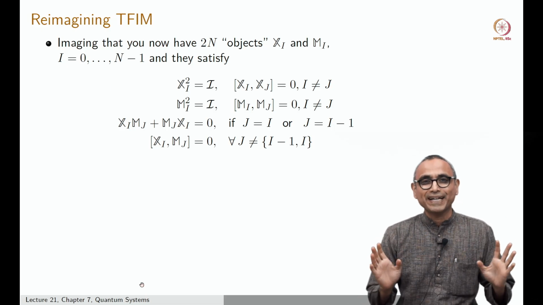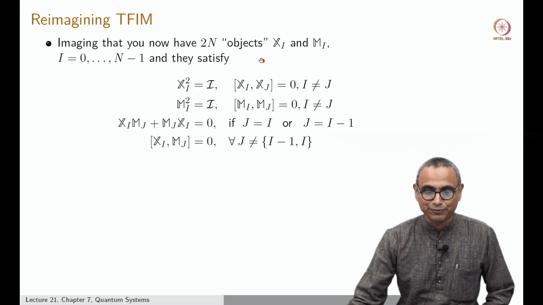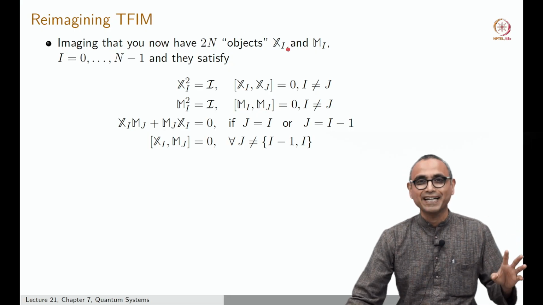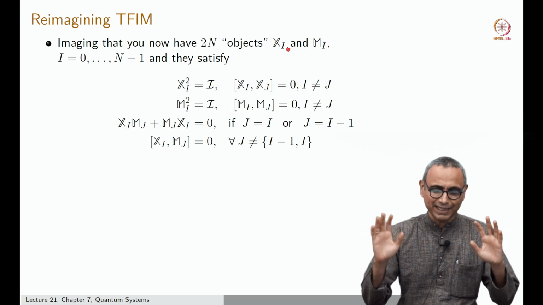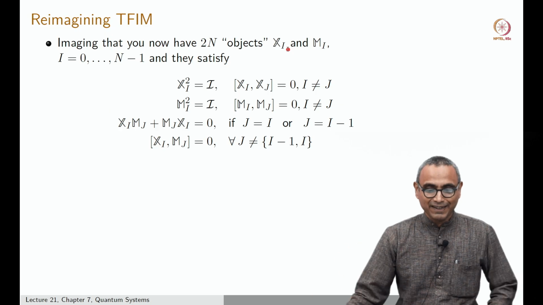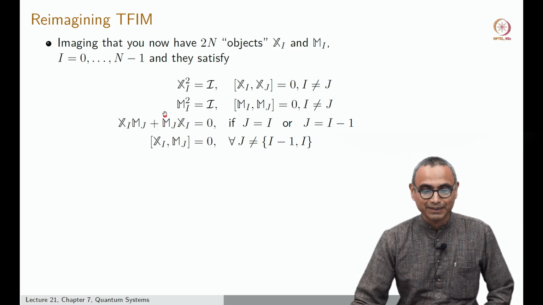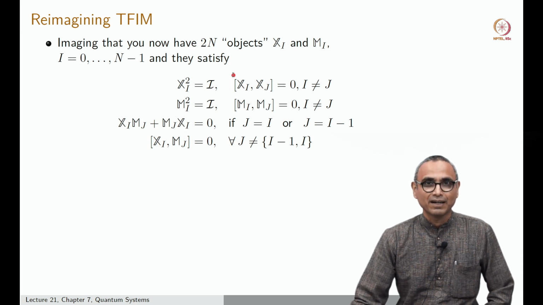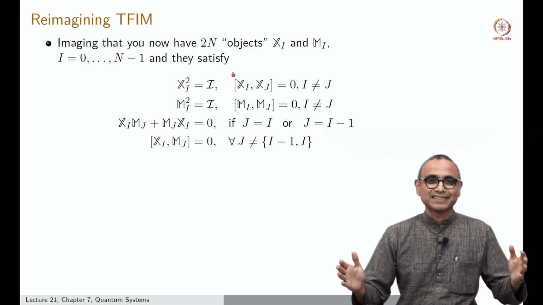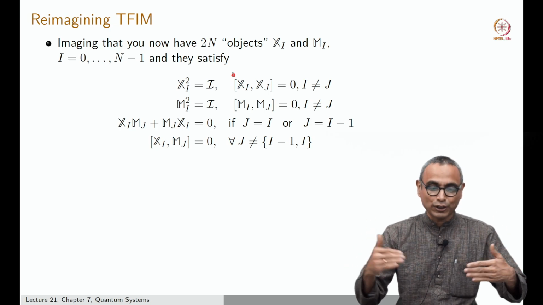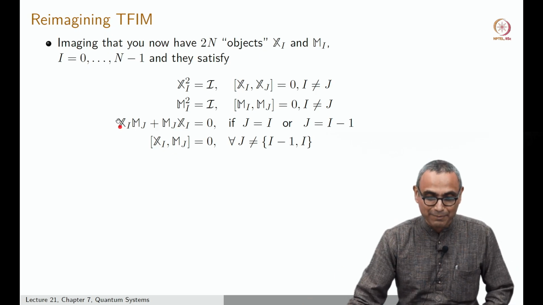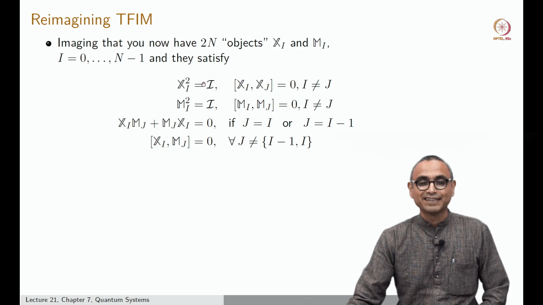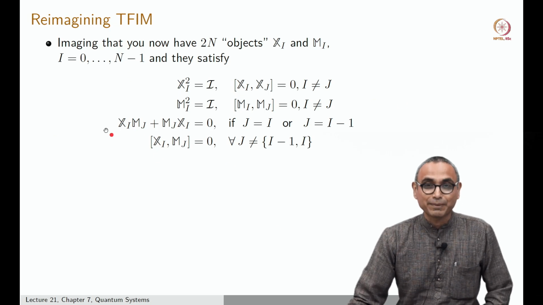Imagine that instead of thinking of these operators as operators of the transverse field Ising model, you have some set of 2n abstract objects, abstract meaning something general, which satisfy these same algebraic relationships. So instead of starting from the Hilbert space operators, we are going to start by claiming that there is a set of objects which satisfies these algebraic conditions.